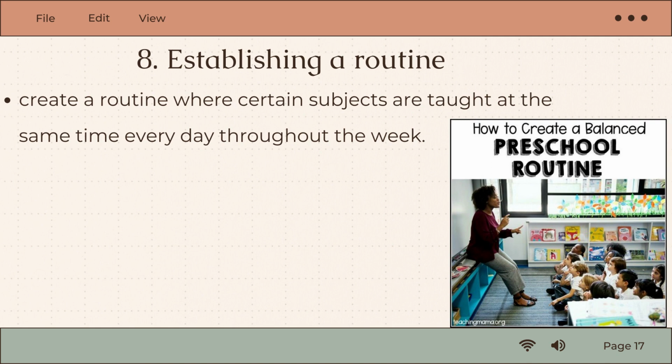For example, ang science, math, language, kanang murag kani sila ang mga essential nga subjects that could be taught at the same time every day throughout the week kay para mas dali siya masabtan sa bata and also kay essential man siya nga subject mas nindot siya nga itudlo same time every day throughout the week. This helps children to be familiar as to when certain lessons take place.